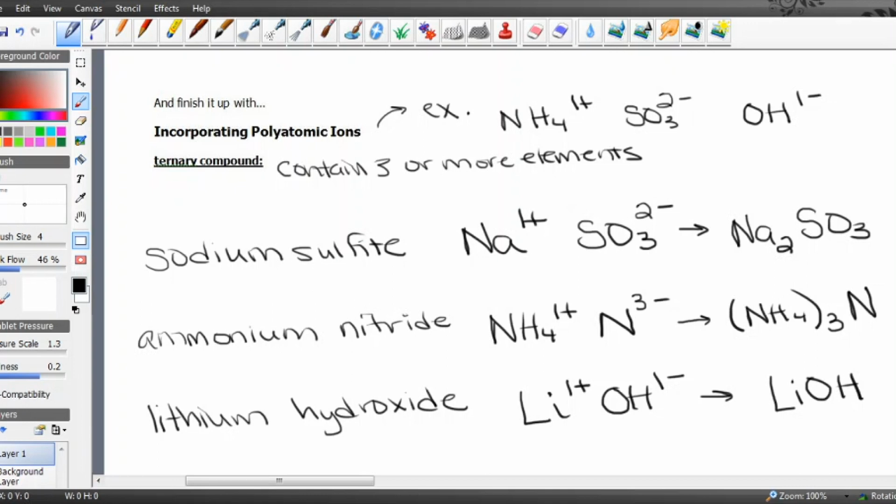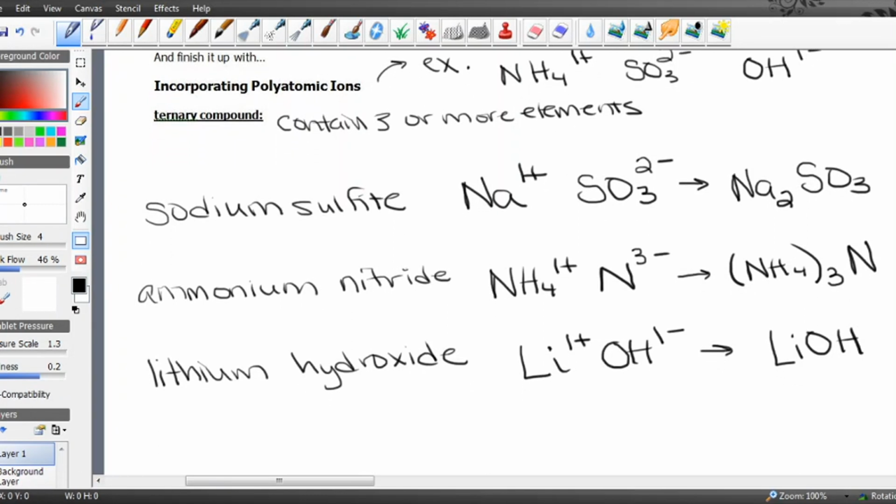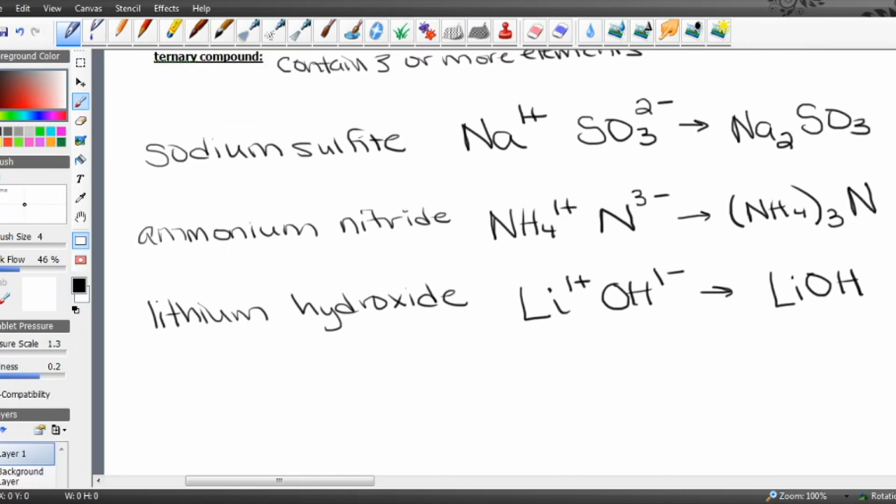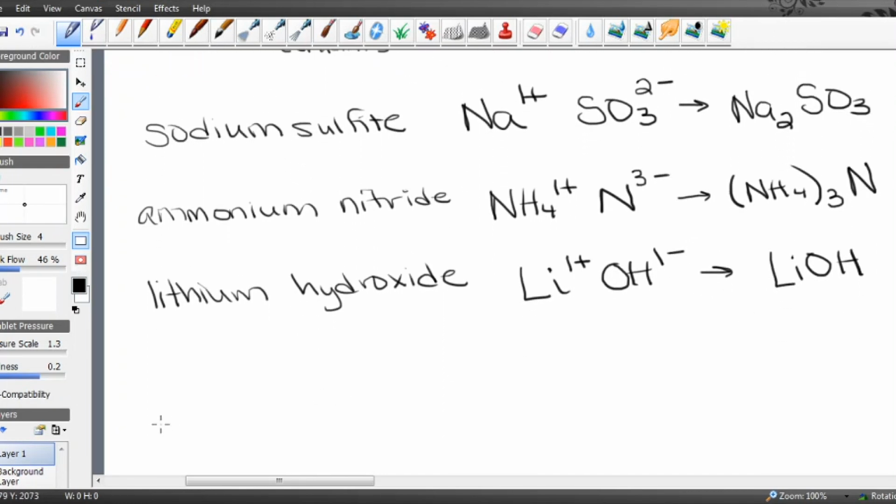Let's get really fancy. Let's do a transition metal and a polyatomic ion all together. What transition metal should we use? It would be helpful if I had a periodic table handy, so I'm not trying to imagine things up all the time.